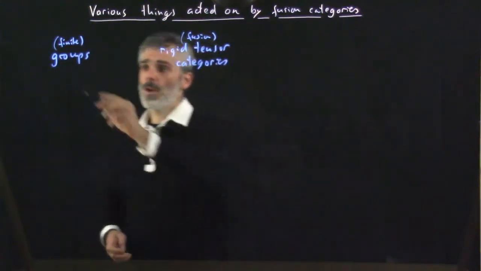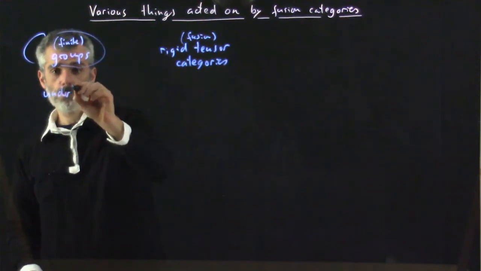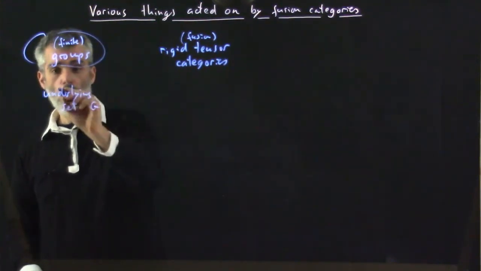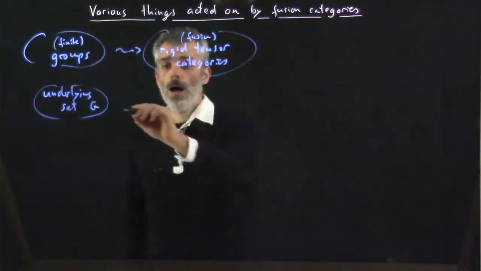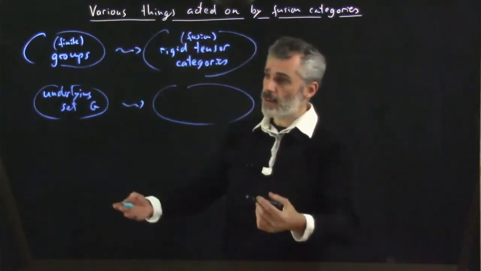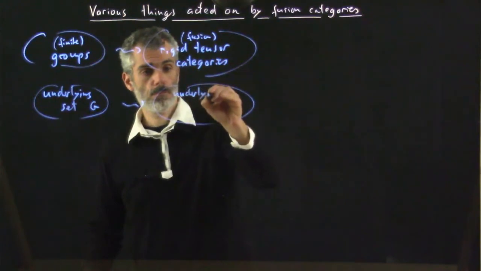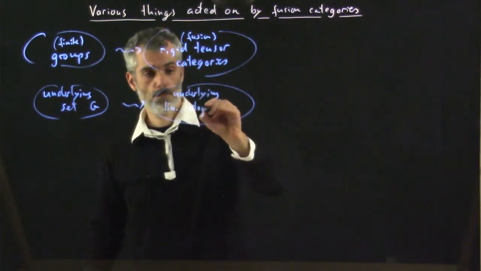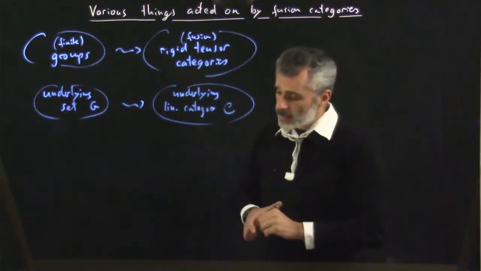And of course, the underlying set of some group corresponds to the underlying linear category of the tensor category.